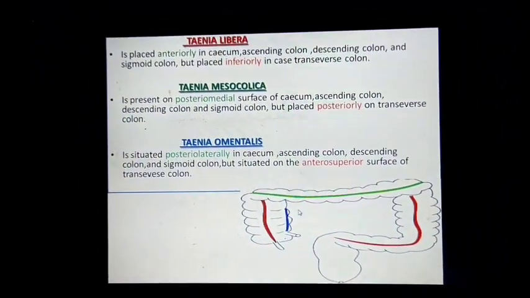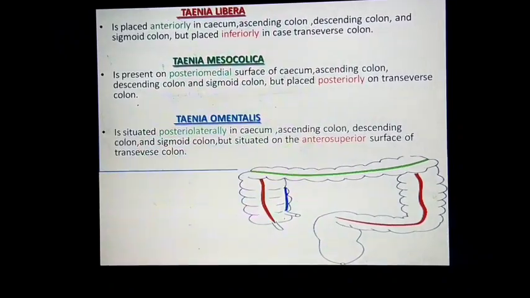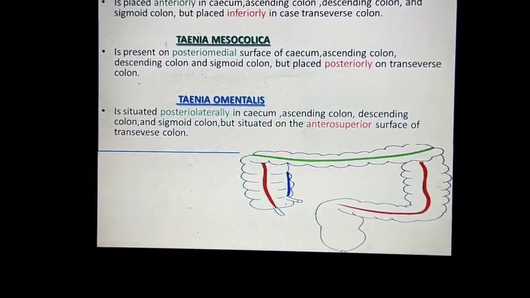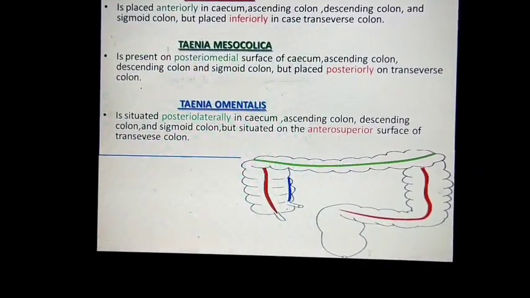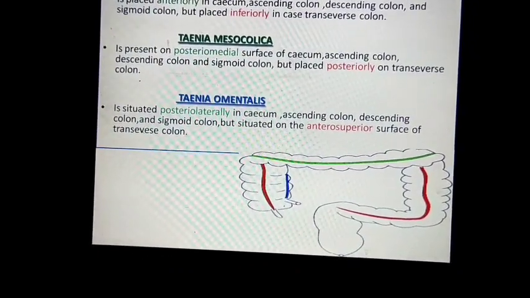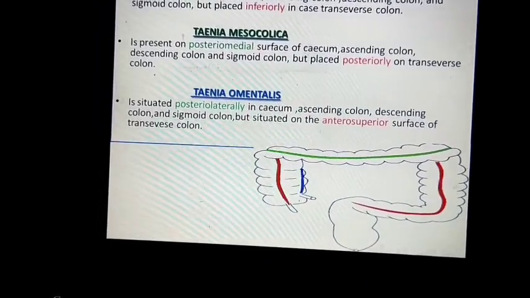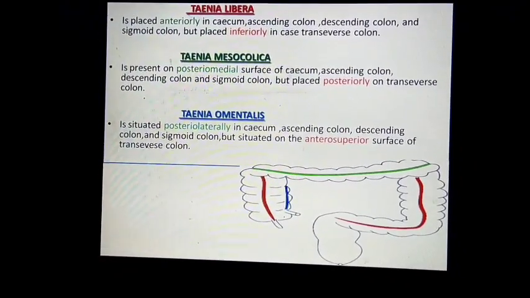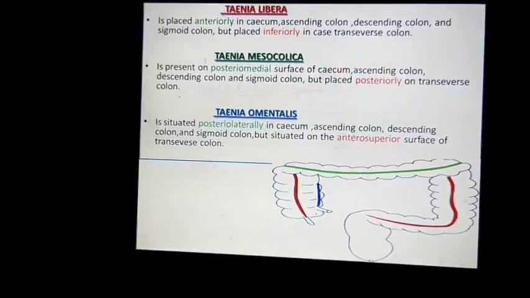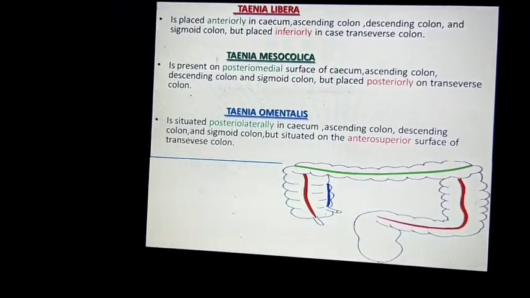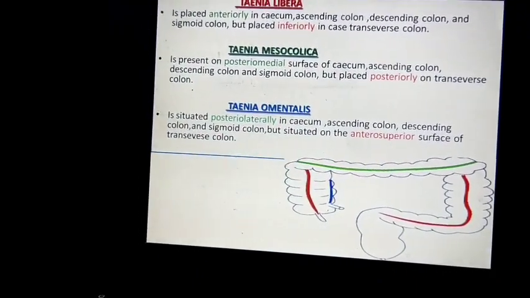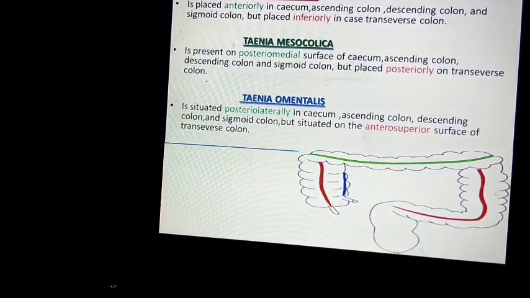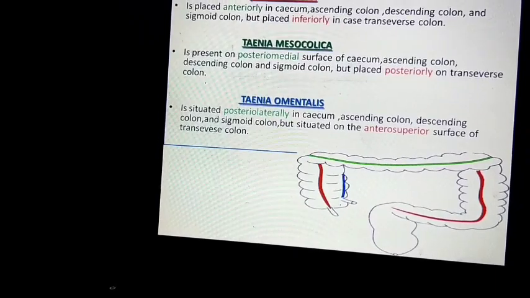These are the three bands of the tinea coli. Tinea libera is present anteriorly in the cecum, ascending colon, descending colon and sigmoid colon. Tinea mesocolica is present posteromedially in the cecum, ascending colon, descending colon and sigmoid colon.